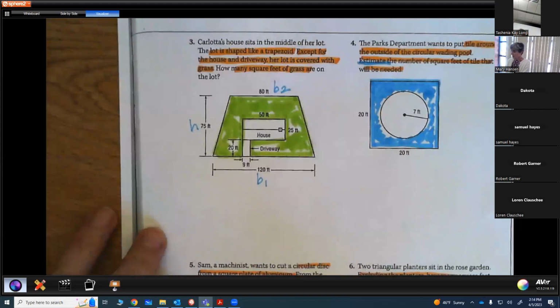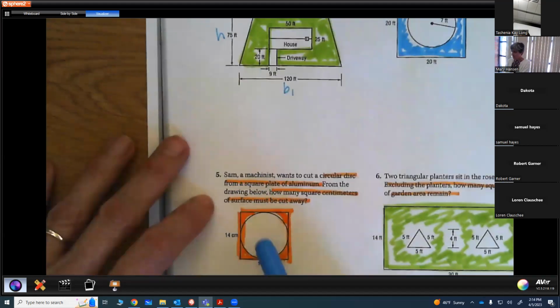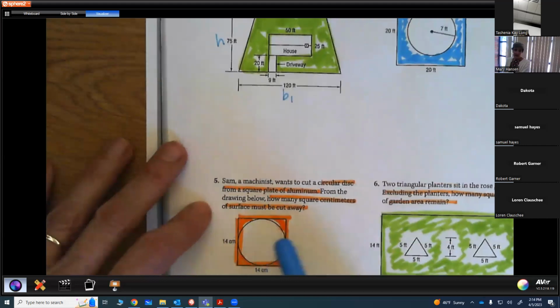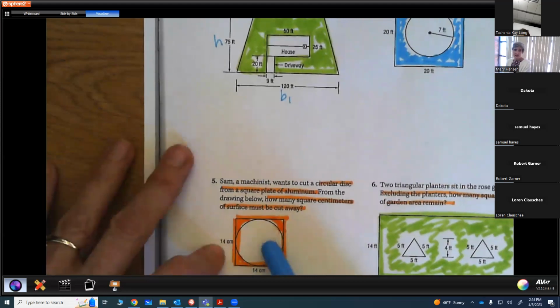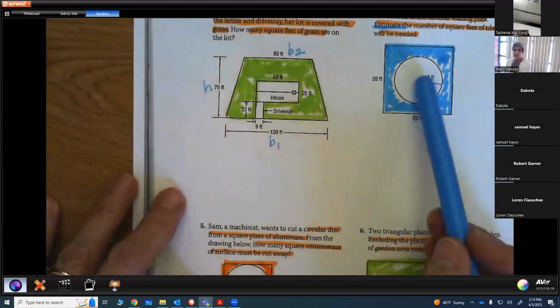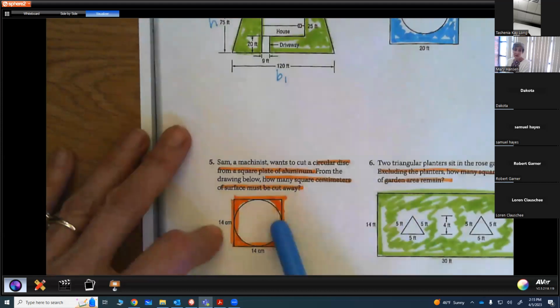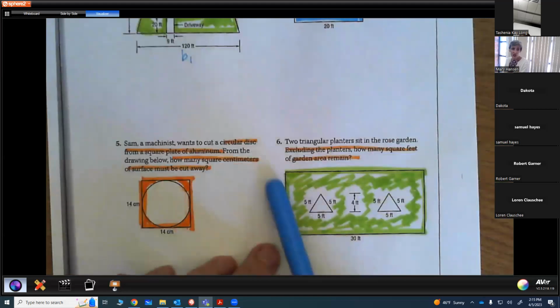We're going to take the area of the square and subtract out the area of the circle. The only thing that makes number 5 a little more challenging is that they gave us the diameter, so my hint is you're going to have to figure out what the radius is on this one.